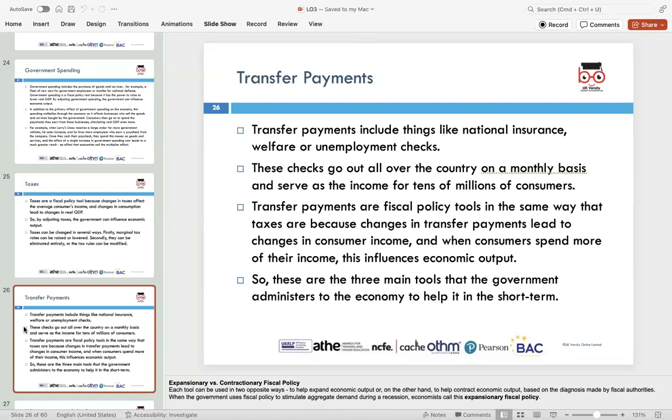So, transfer payments are fiscal policy tools in the same way that taxes are. This is because differences in transfer payments lead to variations in consumer income. With that being said, there are three primary instruments that the government uses to provide assistance to the economy in the near term.